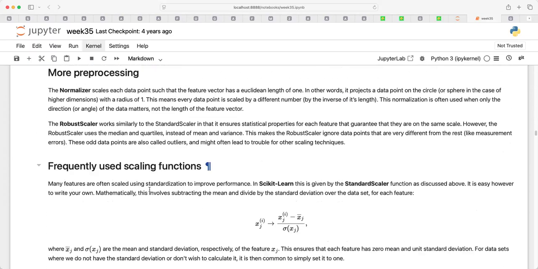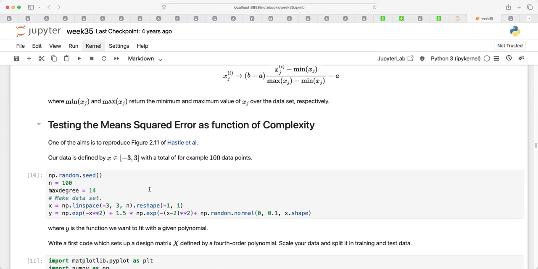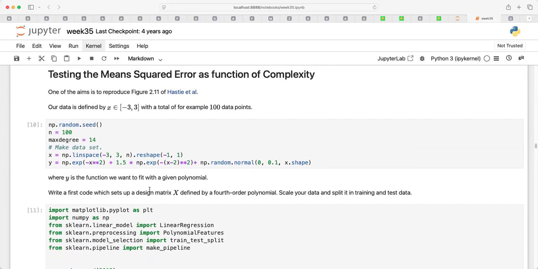But let's now go back to some of these things here, and let's look at another example. What I'm going to do now, and this is one of the exercises this week, is to try to reproduce a figure which is in this textbook here. You have access to this textbook.